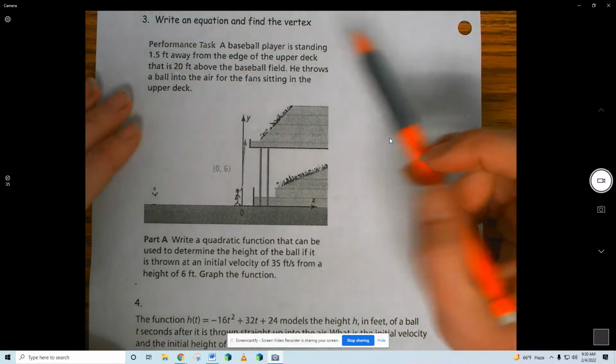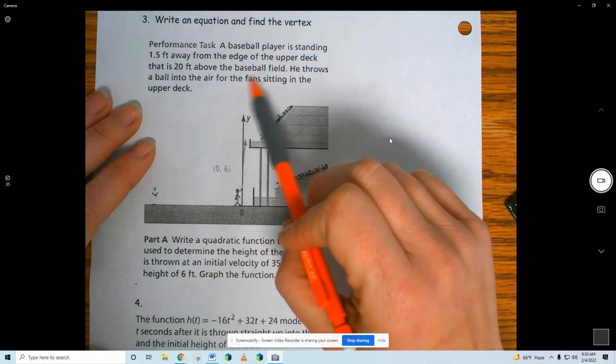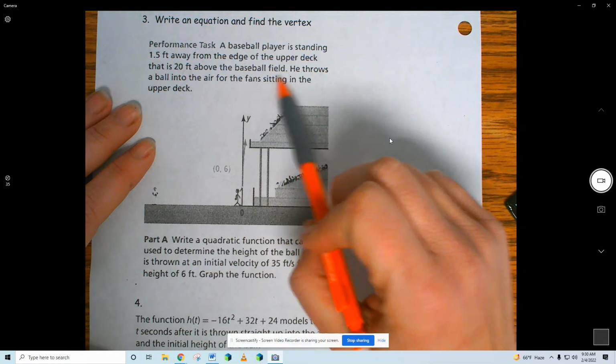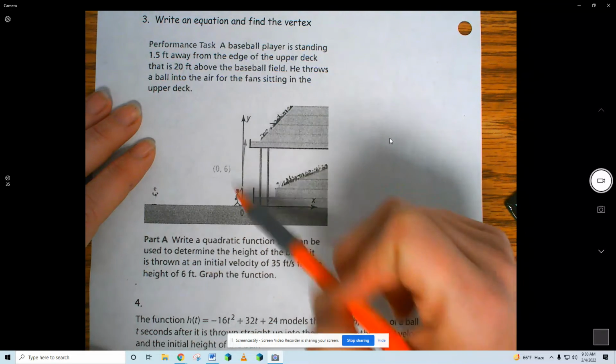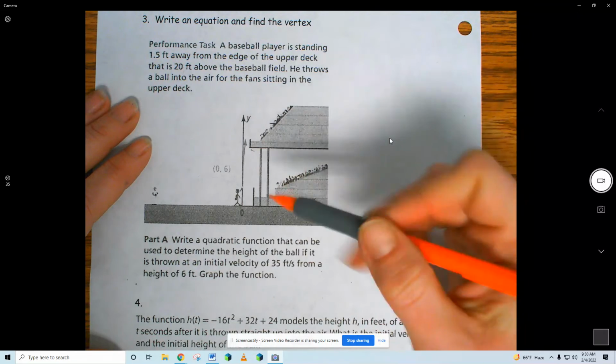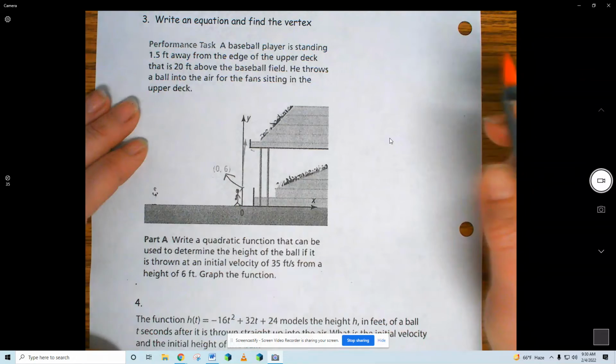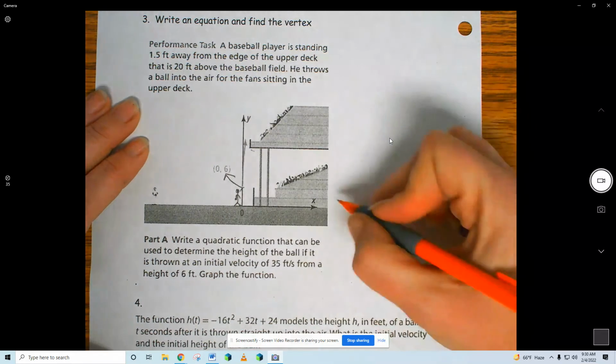And it's 20 feet above him, the baseball field. He throws the ball for the fans sitting in the upper deck. This man is 6 feet tall. So his height is 6 feet tall.